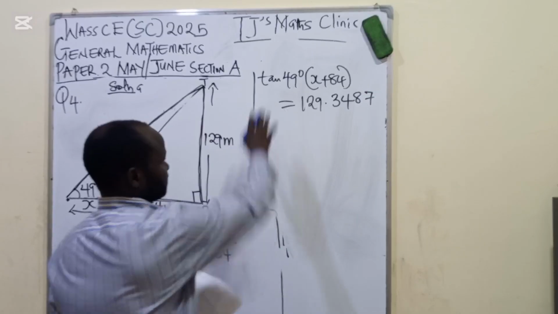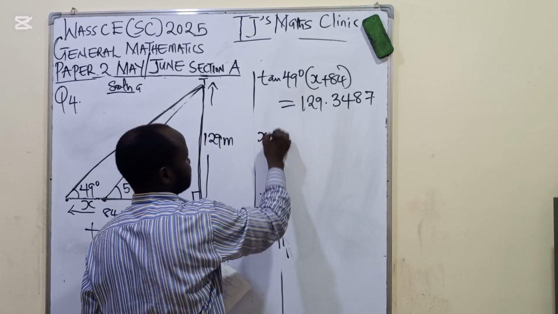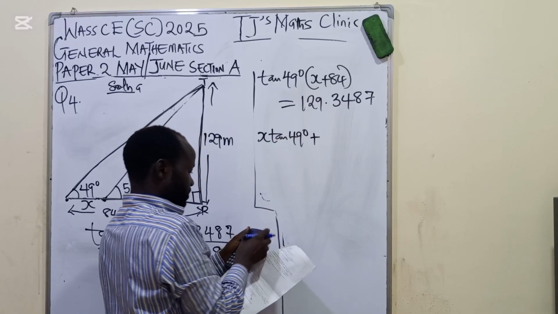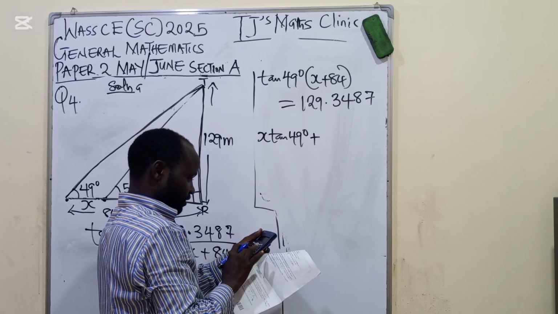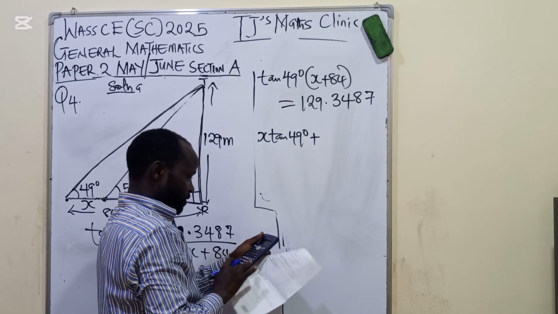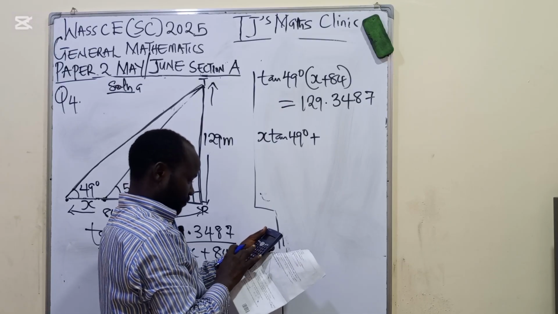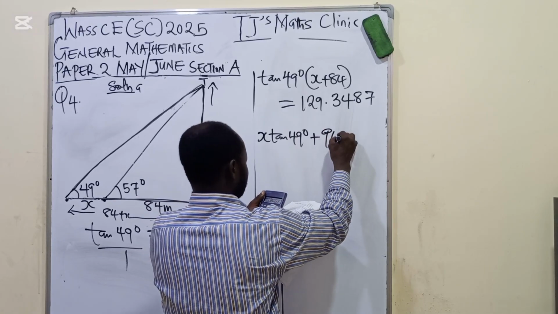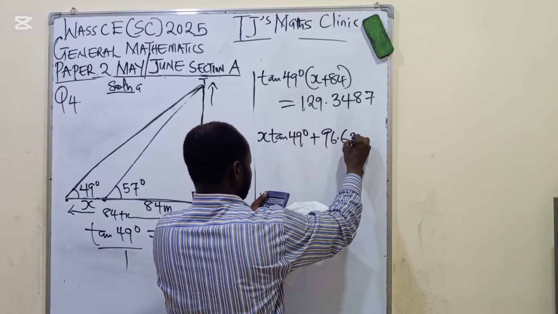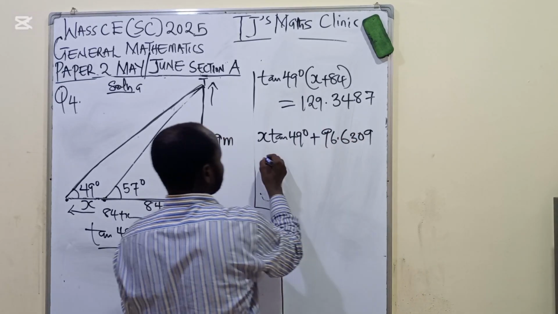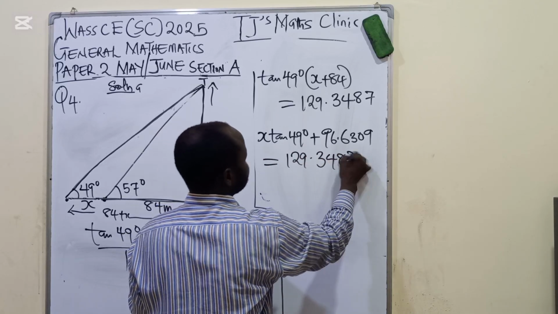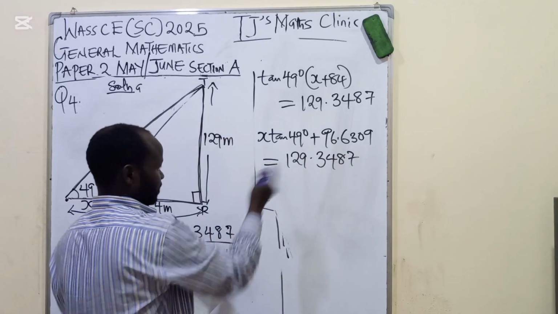So let's distribute this tan 49 over. We'll have x tan 49 degrees plus tan 49 degrees multiplied by 84. That will be plus 96.6309, which will now be equal to 129.3487.